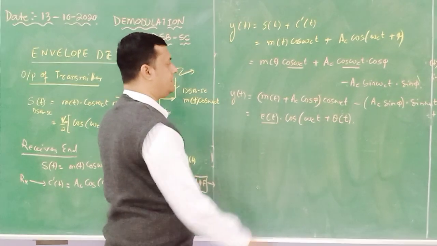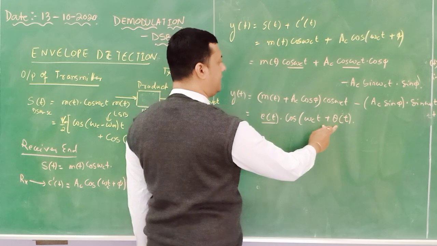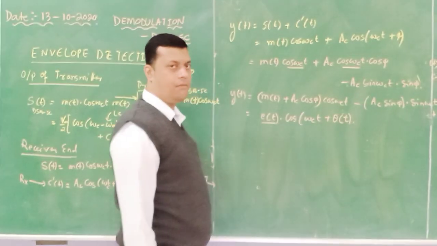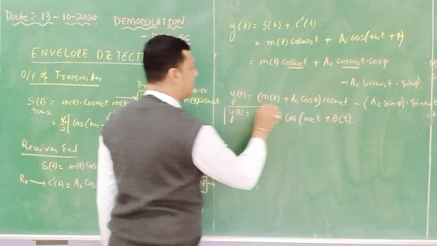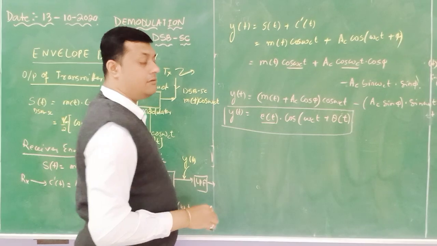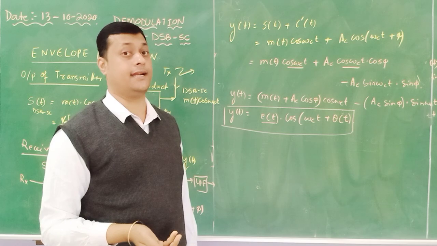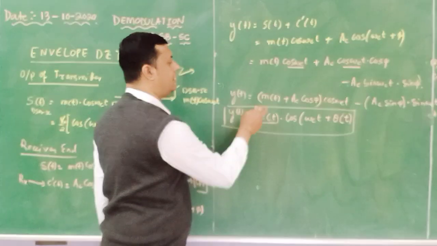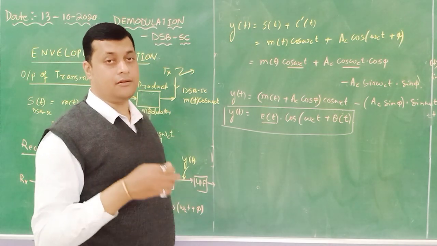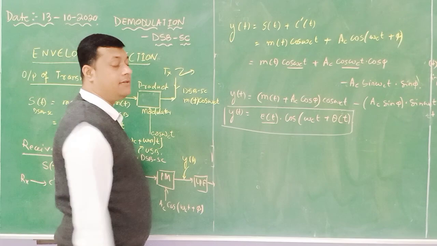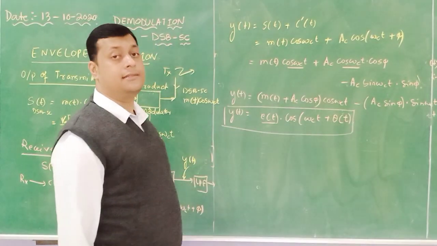E of t is the magnitude available in this component, and theta of t is the angle formed between these two components. That means this is the y of t. Now from this E of t we need to extract the message signal, that is called envelope detection. This is the envelope of this particular signal, which consists of the modulating signal, and your low pass filter will extract the modulating signal from the envelope available in the received signal.